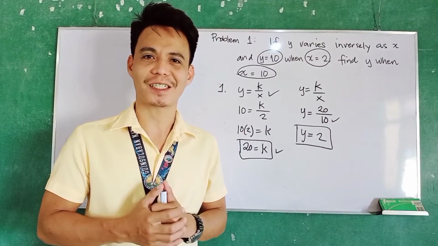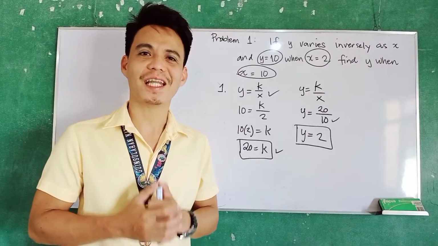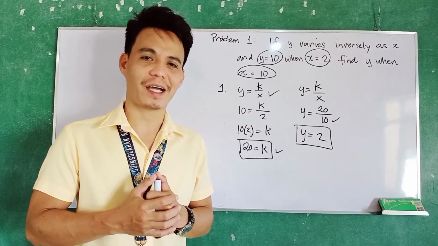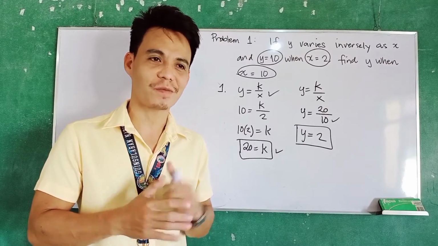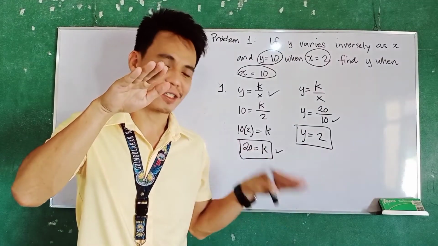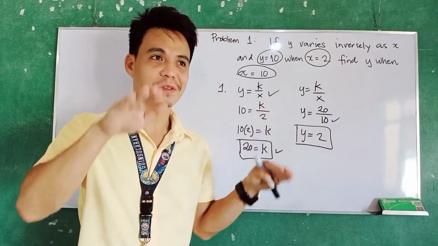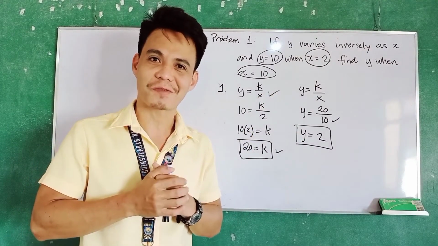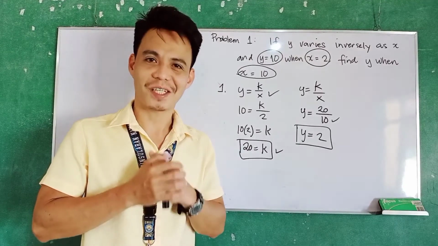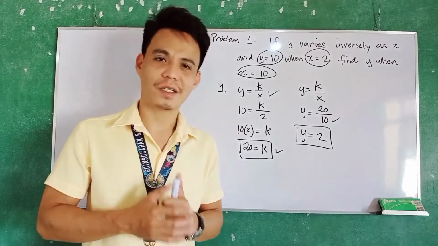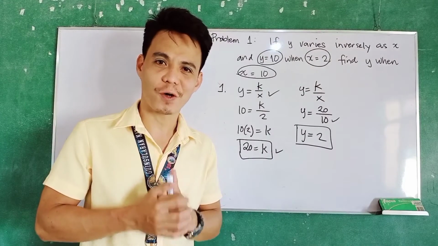How about group 3? Very good. Like a seesaw. So, are you familiar with the seesaw? So, as the other end goes up, the other end goes down, and vice versa, no? Very good. That is also inverse variation. That's enjoyable. And how about group 4?